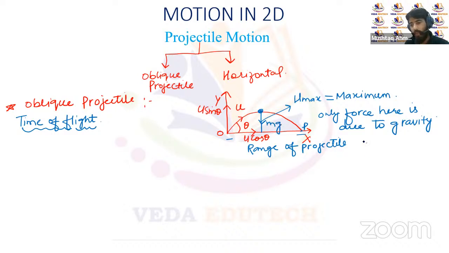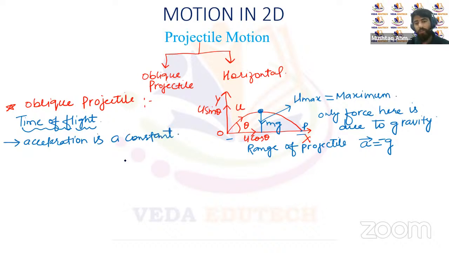Or we can say that the acceleration due to gravity here is g, and minus g because it's vertically downwards. We'll be using all the sign conventions. Any measurement done above the origin will be taken as positive, and any measurement done below the origin will be taken as negative, right? So we know that equations of motion are valid here because acceleration is constant.